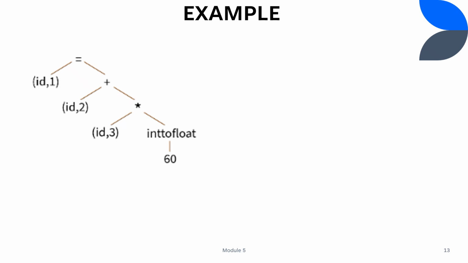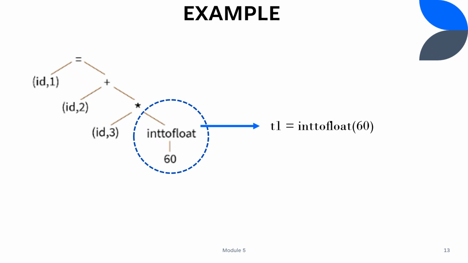To start, we need to go to the last node of the tree, which in this case is int to float 60. For this, the code that is generated is t1 = int to float 60. This entire expression in the circle will now be replaced by t1.